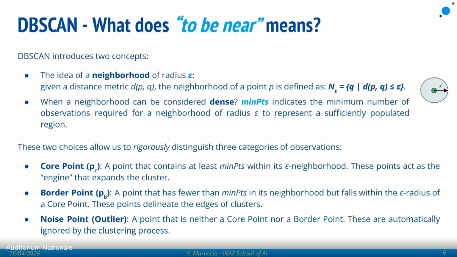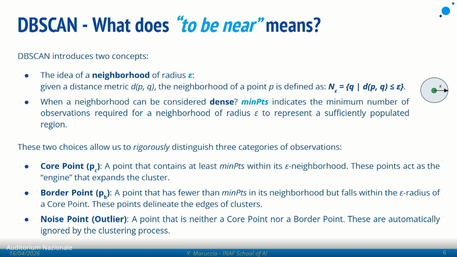The border point is a point that has fewer than MinPts points in its neighborhood, but is within the epsilon radius that we defined before. These points usually define the edge of the clusters.